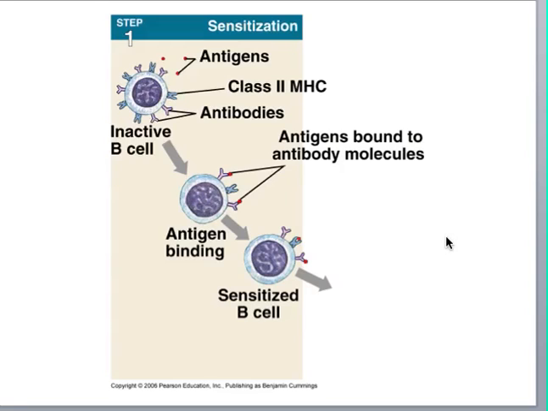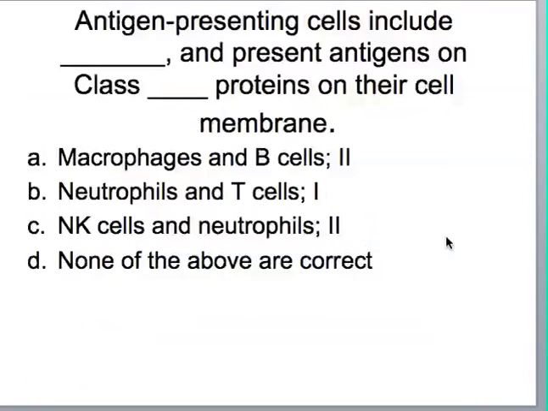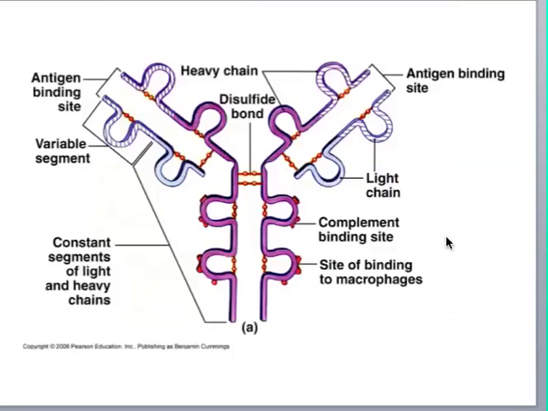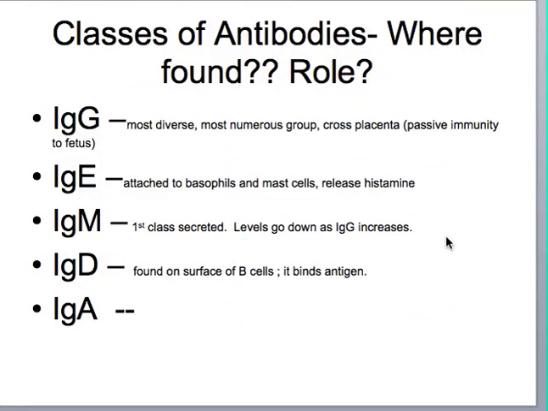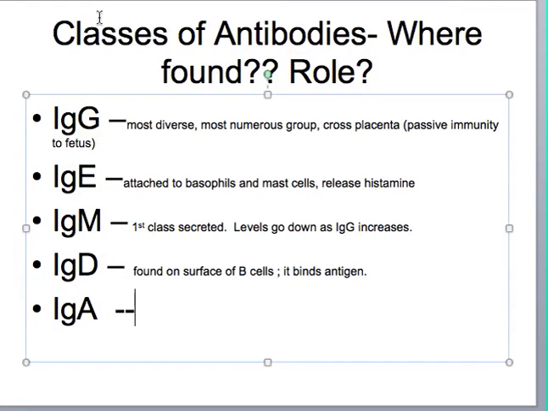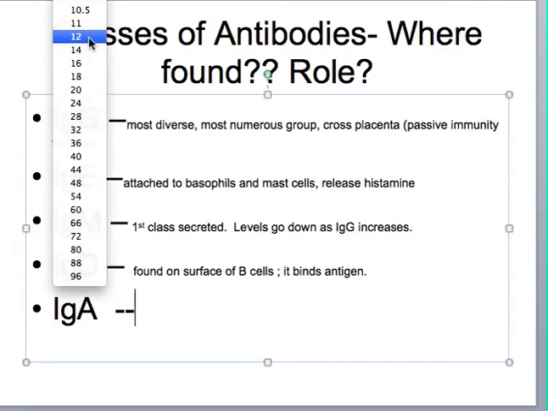On the surface of that B lymphocyte, it would be IgD, right? It will bind antigen, so it's important in antigen sensitization.